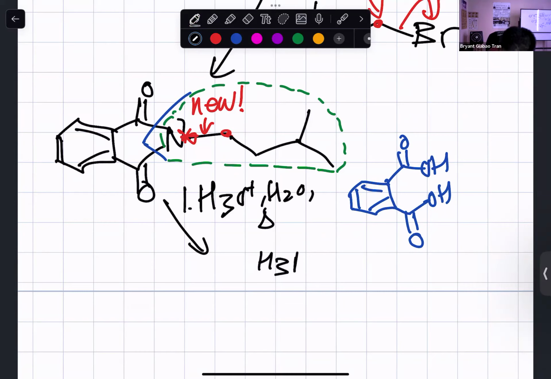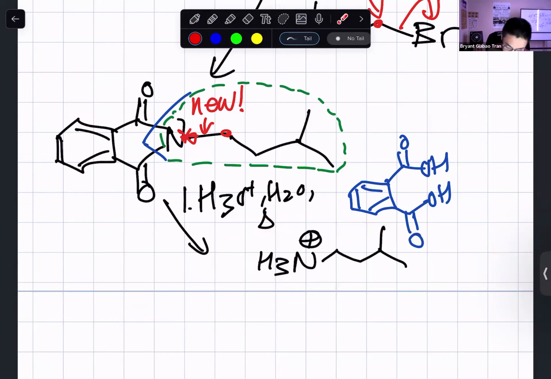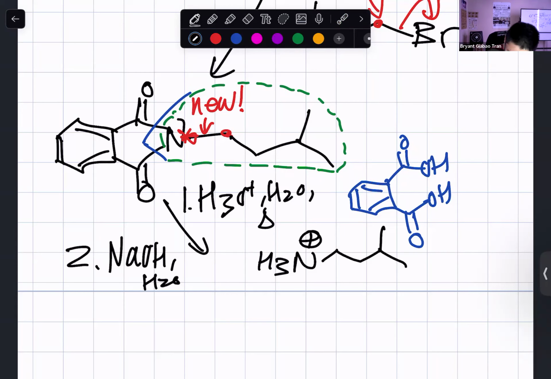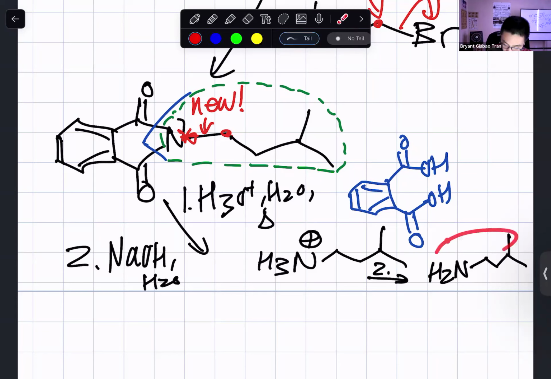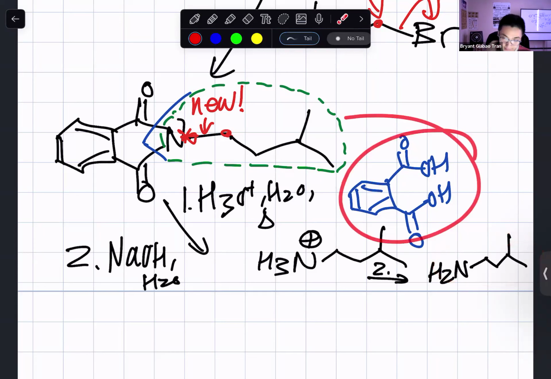Because we're in acidic conditions, the amine is going to be in protonated state, right? It's going to have a positive charge because it's going to get protonated. If you want to get the neutral form, you have to add a second step of base, NaOH in water, just to deprotonate and neutralize the amine, like that. Right, so that's Gabriel synthesis, forming a primary amine here, and the phthalic acid again.